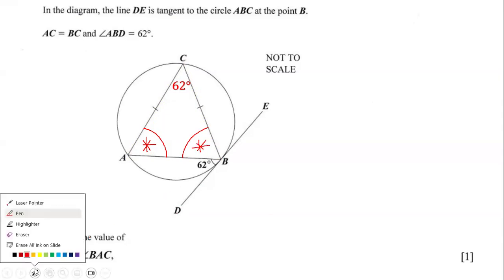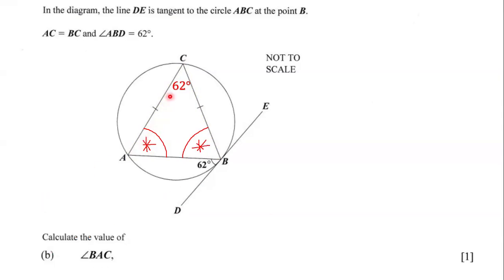How do we know that? Because this side is equal to this side, as shown by the marks on each line. Since the two sides are equal, the two angles are equal.